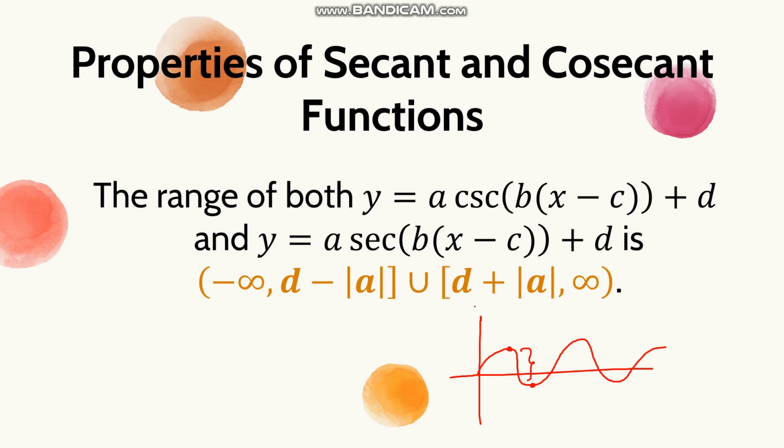But for the secant and cosecant, take note that there are graphs above and also below our function. That means these points here are the highest and the lowest value of the graph above and below. That's why we have a union, because we have to consider the values up to positive infinity and the values to negative infinity.